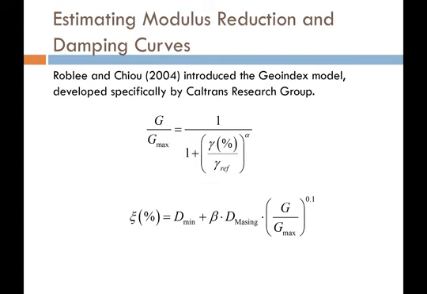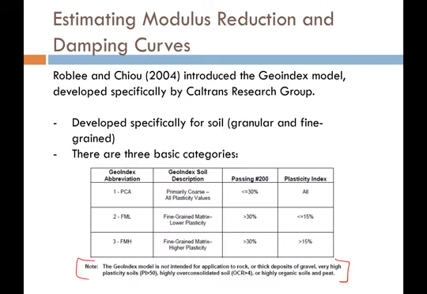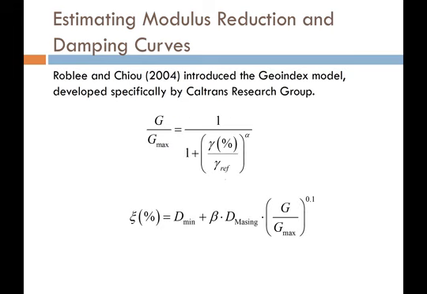Here's how the GeoIndex model works. The G over G max, or modulus reduction curve, is given by this equation right here, where we have a reference strain and a coefficient that are given to us based on our category, whether it's PCA, FML, or FMH, categories 1, 2, or 3.